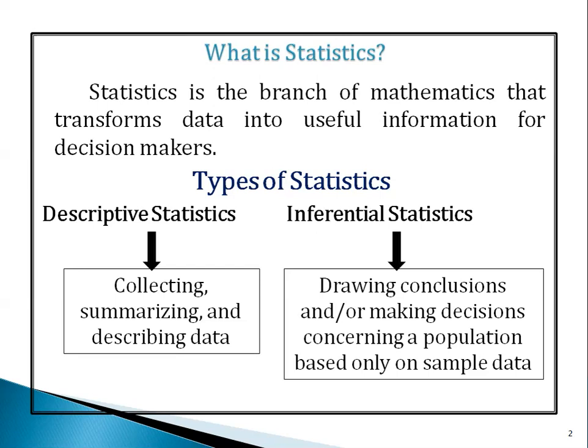There are two types of statistics: one is called descriptive statistics, and the other is called inferential statistics. Descriptive statistics is used for collecting, summarizing and describing the data, while inferential statistics is used for drawing conclusions or making decisions concerning a population based only on the sample data.